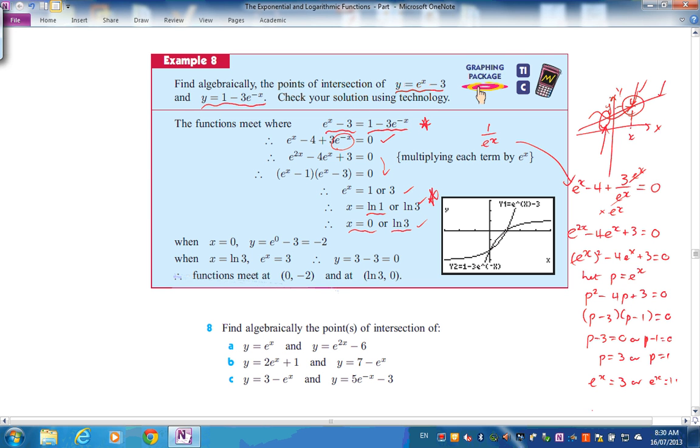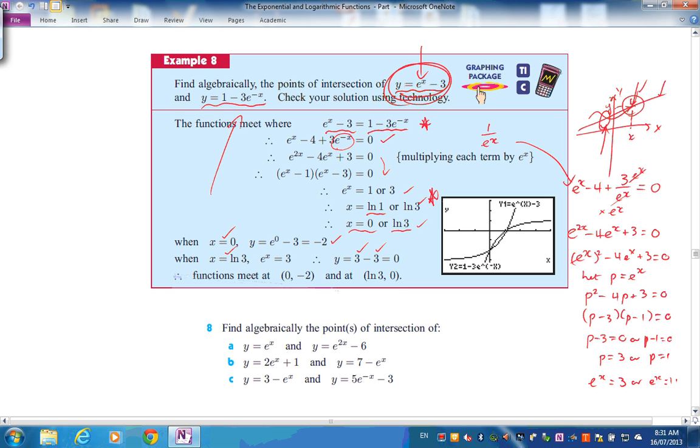Now you want the points of intersection, so when x is 0, sub it back into one of them. Doesn't matter which one you sub it into. e to the x take 3 is a simpler expression, so sub it into that, and you get y is neg 2, and then x equals ln 3, sub it in up here, so you would have 3 take 3 when you sub in e to the ln 3, which is just 3.